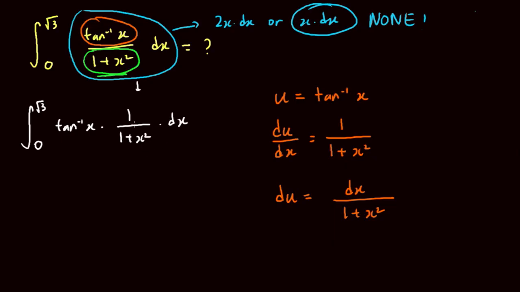If you rewrite the integral like this, what we notice is that 1 over 1 plus x squared dx is equivalent to du, and tan inverse x is simply our u. So the integration becomes much simpler.